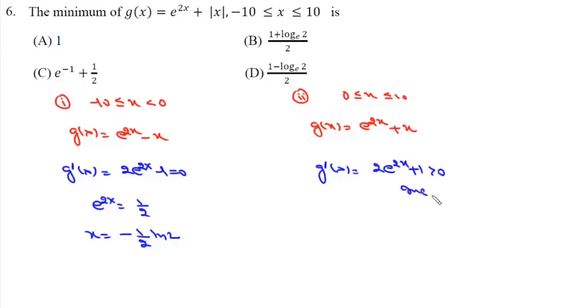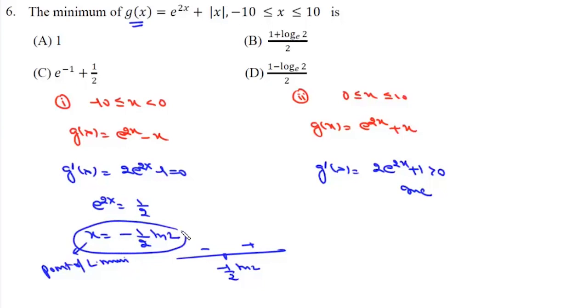So here it is an increasing function, and at this point minus 1 by 2 ln 2, the right side is positive and the left is negative. So x equals minus 1 by 2 ln 2 is a point of local minima.